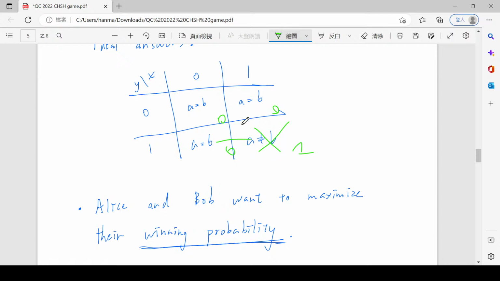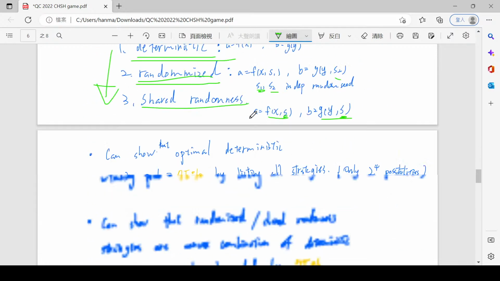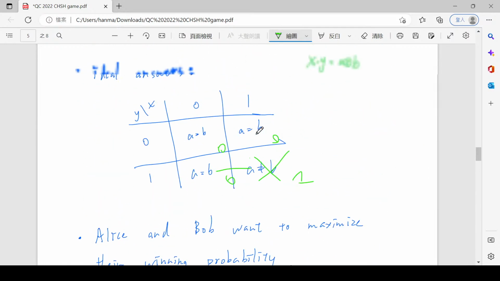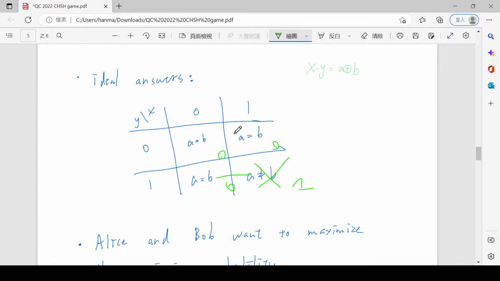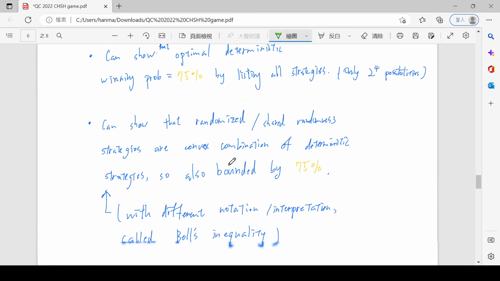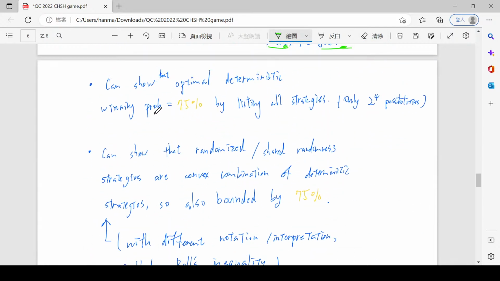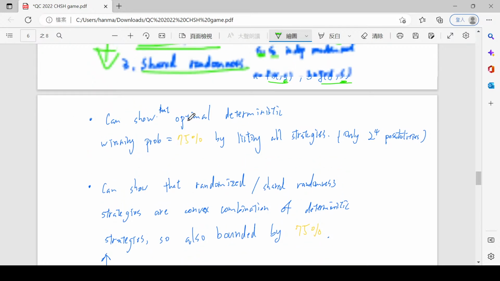So there is no way to win all four of them, and then the next best thing is to win 3 of them, and we have a way to win 3 of them, so that's the best. For deterministic strategy, you either win a block or lose a block. Okay, so for deterministic strategy, this 75% is optimal.